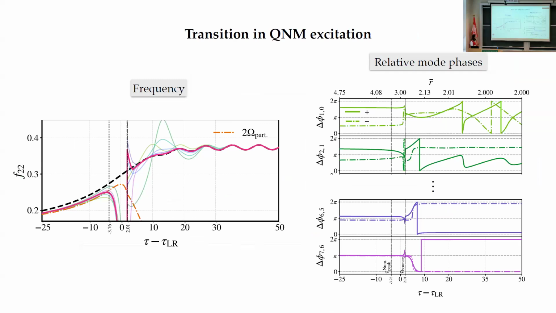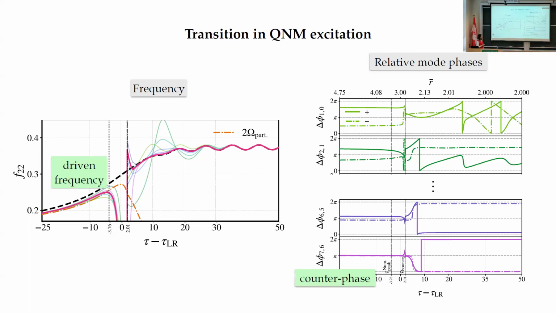Okay. And the last thing I want to mention is that it's nice to also understand a bit more the physical mechanism of quasi-normal mode excitation. And we can understand this by looking at both the frequency of the total signal, and also by looking at the relative phases of different modes.